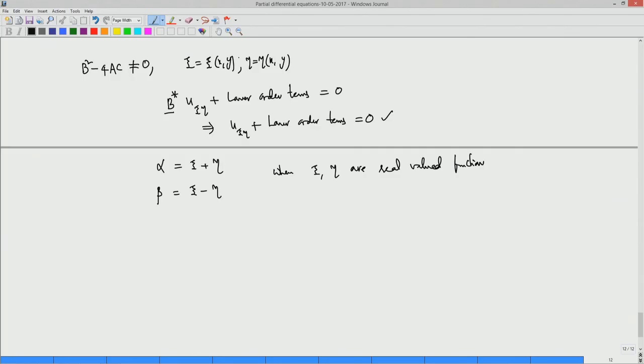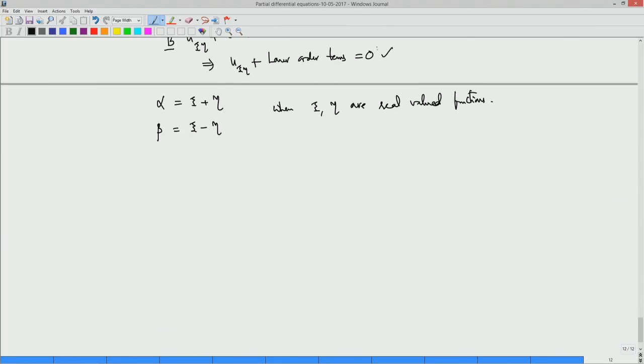So, this is one canonical form, the hyperbolic form, when these are real valued functions. If you change to new variables, what happens here? Think of xy as the xi and eta, and xi eta as alpha and beta, the new transformation.